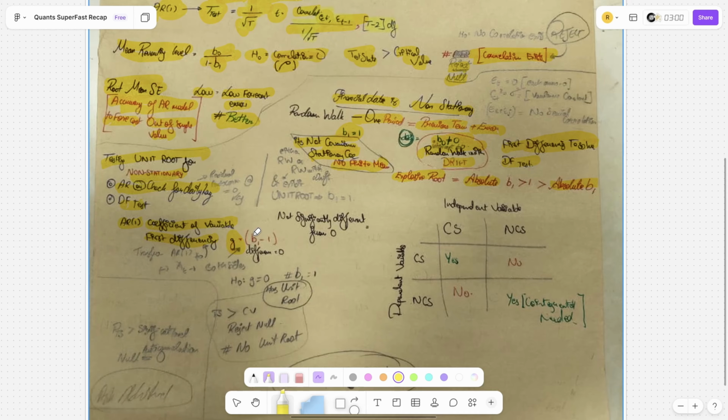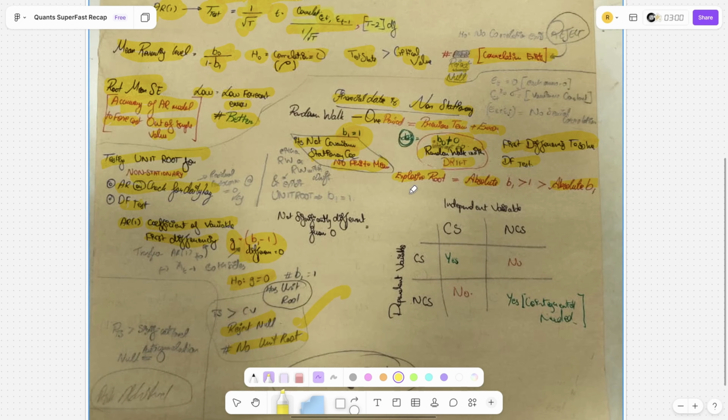But if B1 is 1, G becomes 0, and if it is 0, then it has a unit root. From here, the null hypothesis is H0: G is equal to 0. And if the test stat is beyond the critical value, we reject the null and we state that there is no unit root problem.